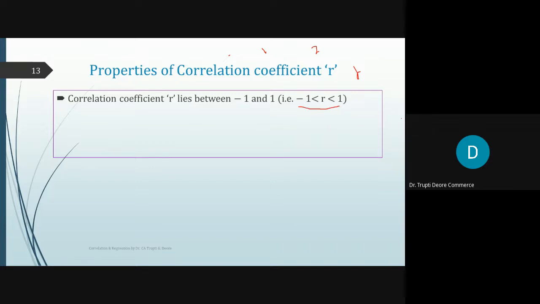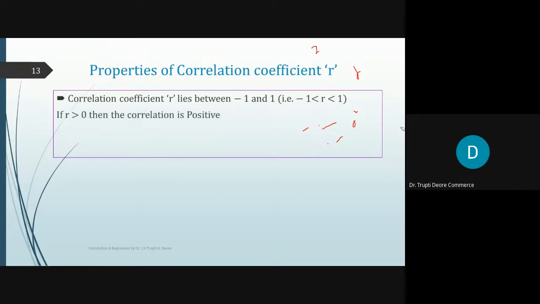So it means it may be in decimal format, minus 0 point something, or 0 point something positive, or it may be 0 also. r may be 0 also. On that basis, there are three interpretations of the correlation.